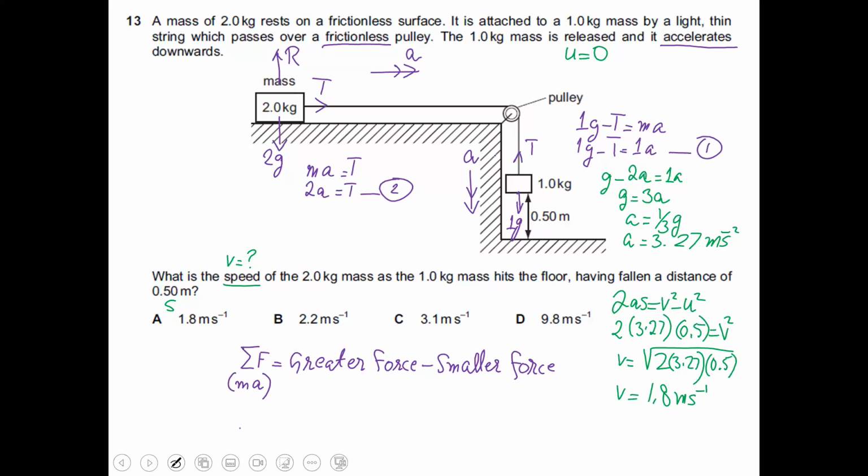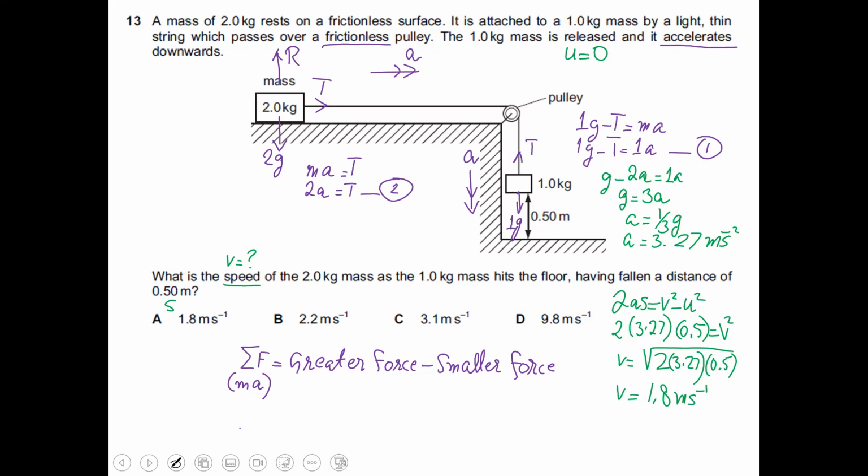So I have solved this simultaneously, got the value of acceleration. Then you put it back and get the value of the velocity which we are looking for. Initially, the system was at rest, so U is equal to 0.